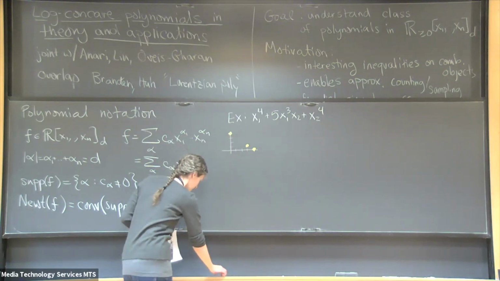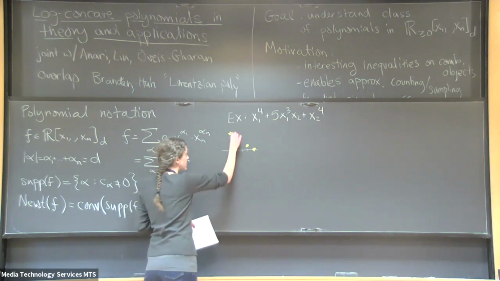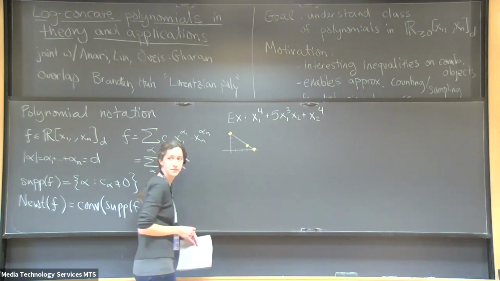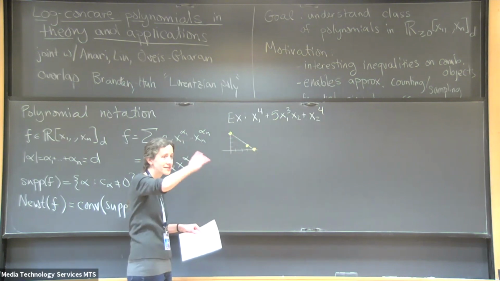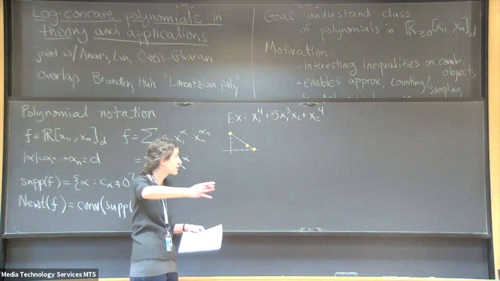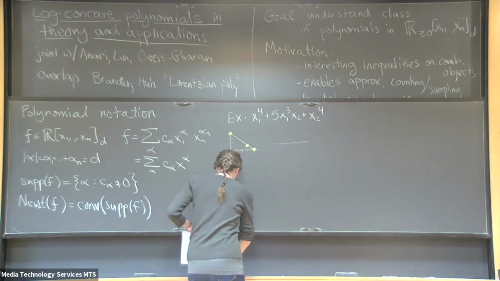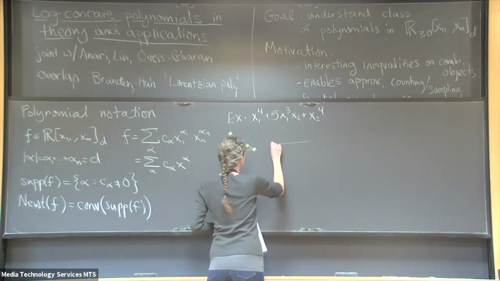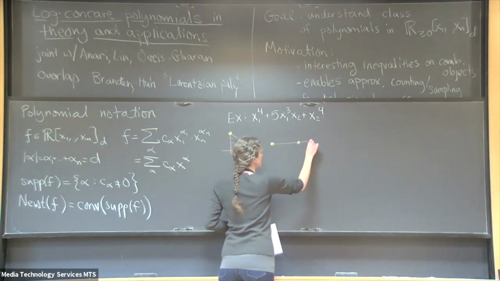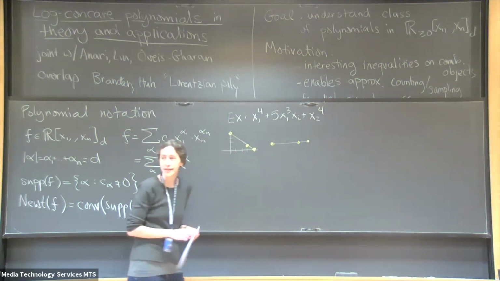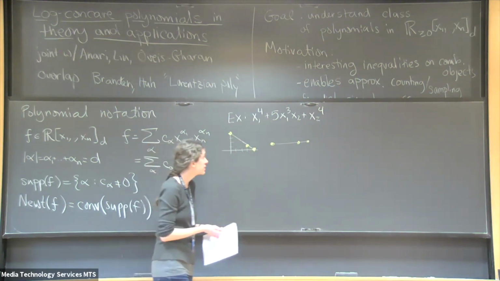That's its support, and the convex hull is just going to be this line segment. Since it's homogeneous, it's always going to lie in the hyperplane where the sum of the coordinates equals d. So I'm just going to save myself a dimension and draw it one dimension down.